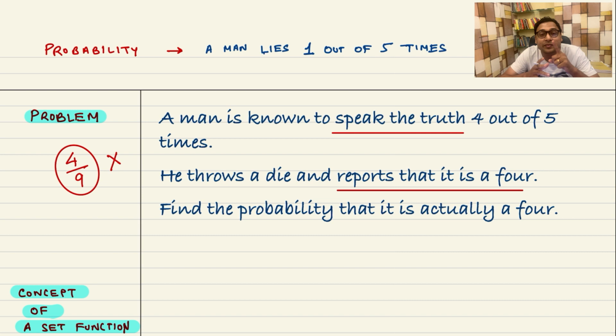There is one place they gave a correct answer, which is in Math Stack Exchange, but they use some complicated notation for probability. Of course, Math Stack Exchange is very reliable. There is one other place where a similar solution is also discussed. So apart from those two places, all other places had the wrong solution. The wrong solution is 4 by 9, by the way.